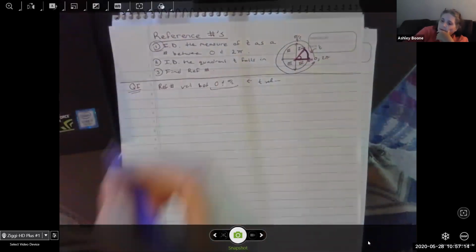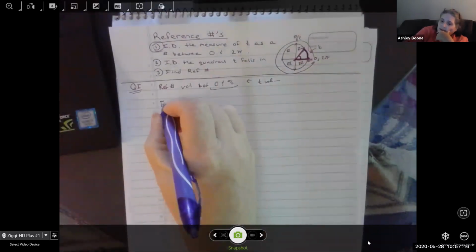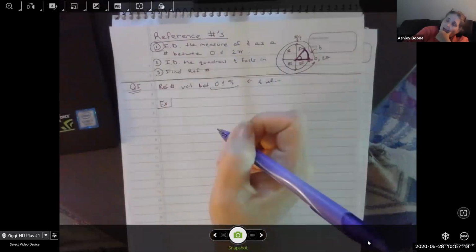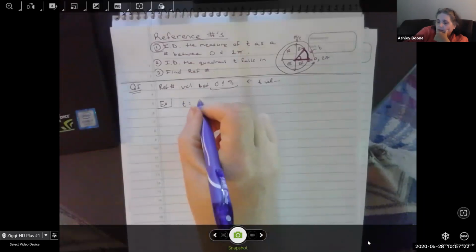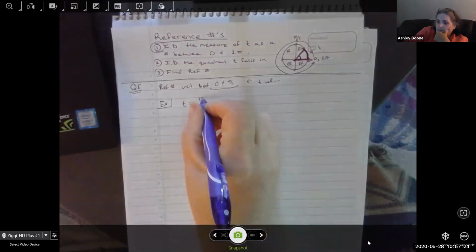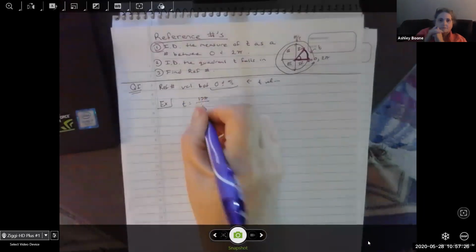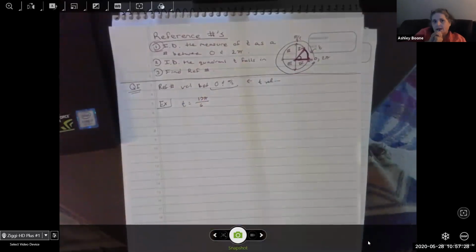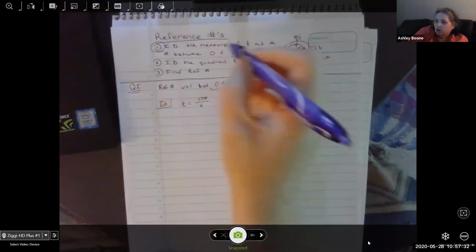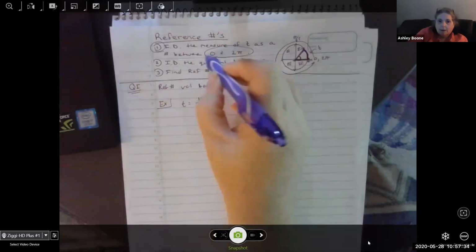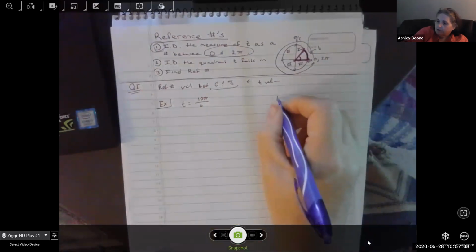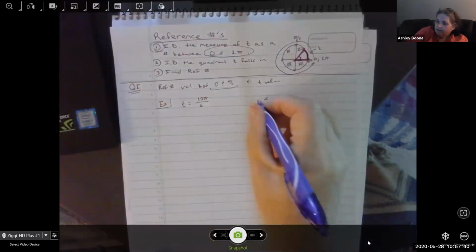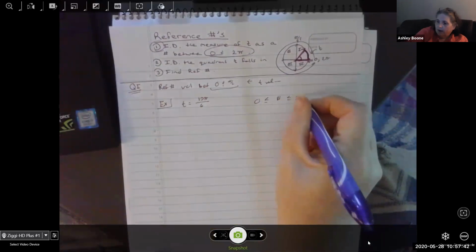So for example, let's say that we have t is 13 pi over 6, okay? Now, a value of 13 pi over 6, remember, when we are talking about between 0 and 2 pi, we want the number that's going to be between 0 and 2 pi.